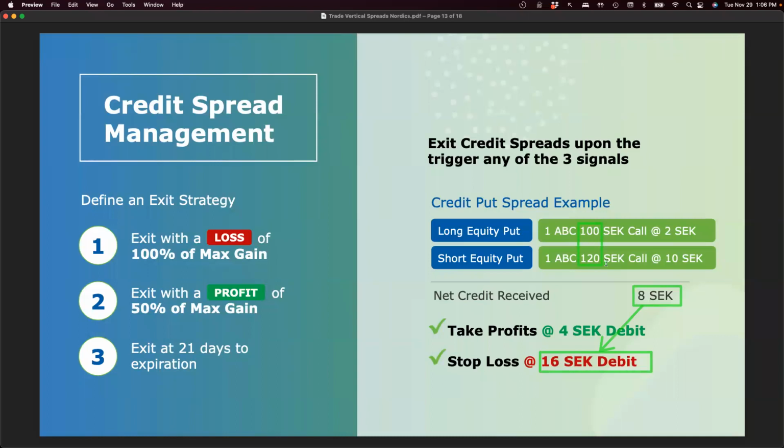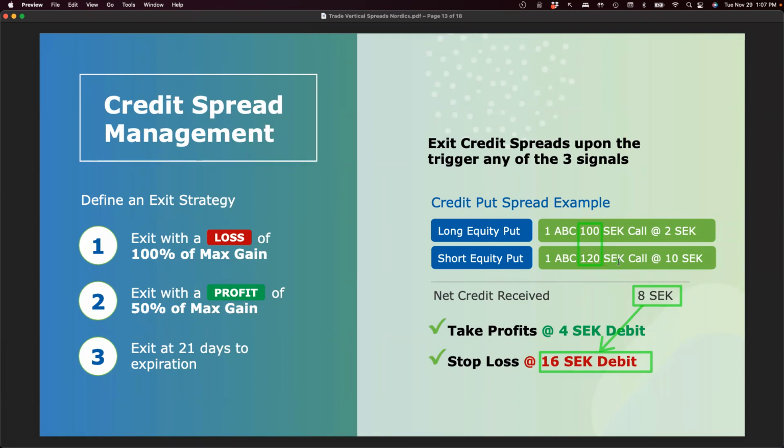Even though the max loss does protect you, it's best practice to cut losses before you hit that number, because once you reach 100% of the max gain in terms of a loss, we usually find that you're going to lose the other 4 crowns, and it's not worth continuing to lose them. You're better off saving those 4 crowns and applying them to the next trade.